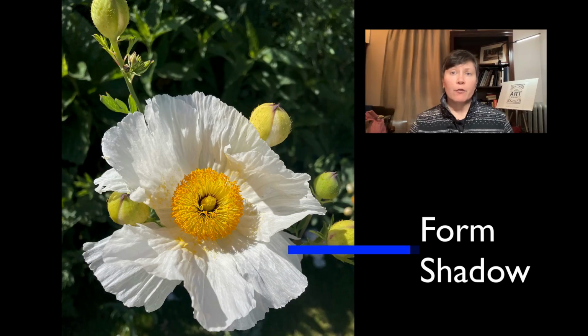So when I'm looking at this, I'm seeing two types of shadows. I'm seeing the form shadow, the shadow that shows us where the petals of the flower are not in full sunlight. They are angled and tipped away from the sunlight, and those shadows reveal to us the shape and dimension and interest of those petals.